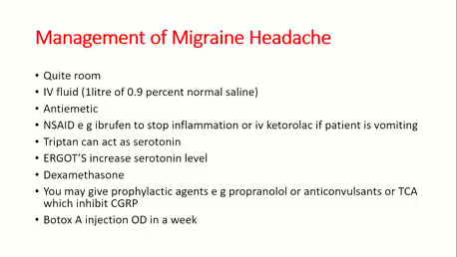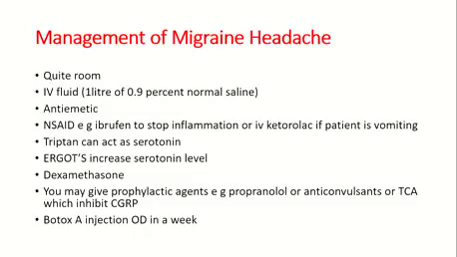If the patient is vomiting, you can give triptans to stimulate serotonin. We see another cause of this migraine headache is low serotonin, which will stimulate cortical spreading depression, which will end up causing relay of information to the cortex, whereby there will be perception of pain. So another one, if it doesn't work, you can give ergots to increase serotonin levels.